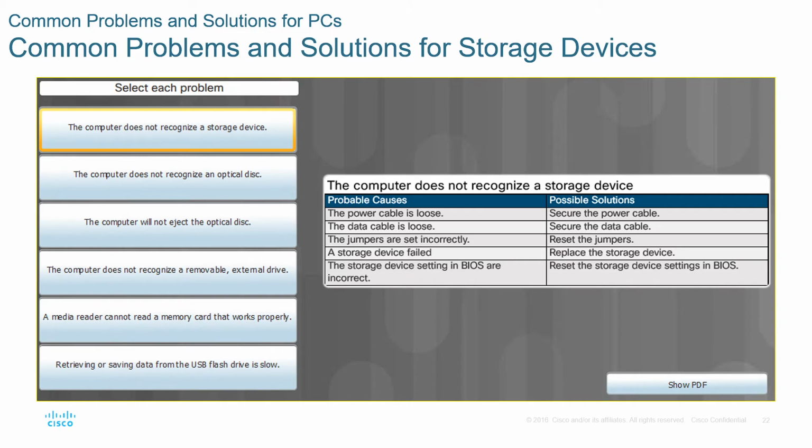When the computer does not recognize a storage device, probable causes may be that the power cable is loose, the data cable is loose, jumpers are set incorrectly, the storage device has failed, or storage device settings in BIOS are incorrect. Here are some possible solutions: secure the power cable, secure the data cable, reset the jumpers, replace the storage device if you think it has failed, and reset the storage device settings in BIOS.